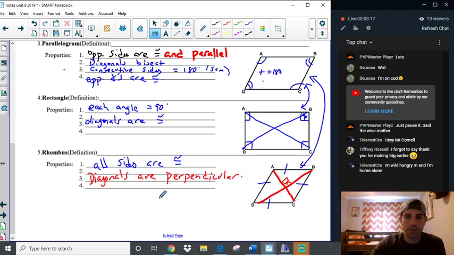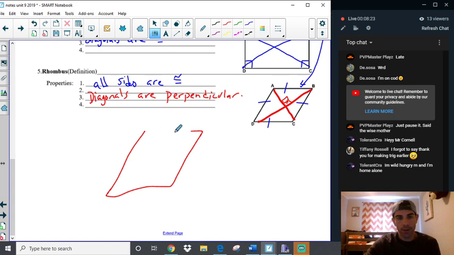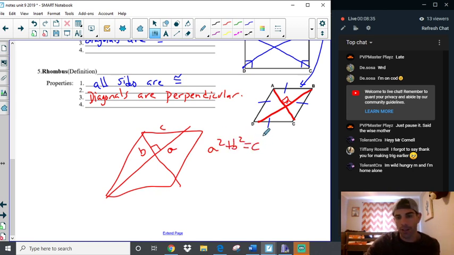Now a little hint for you, what questions like to do for the rhombus is talk about the sides. Keep in mind, because we now have a right triangle, they like to use the Pythagorean theorem, a squared plus b squared equals c squared, and c is going to be the side of the rhombus. Okay, keep that in mind there.